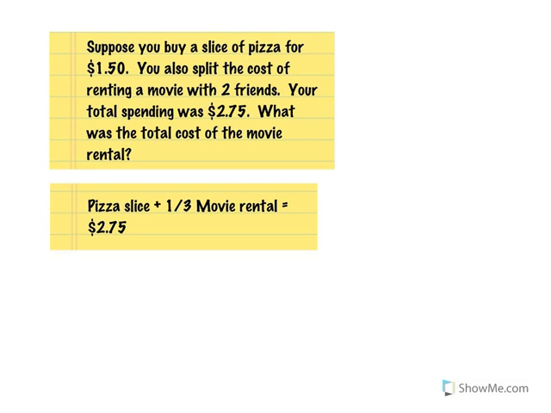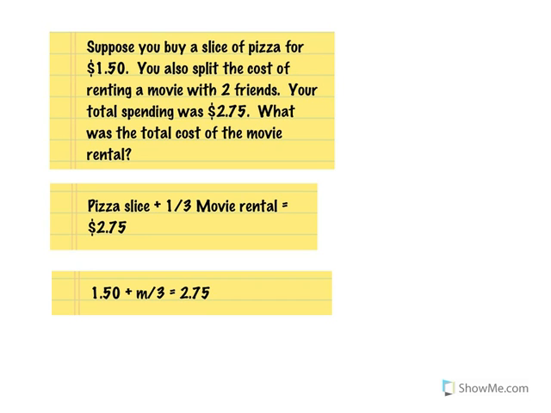If you split it between yourself and 2 others, there were 3 people contributing, and if you split it evenly, that would be 1/3 of the movie cost. And then you spent a total of $2.75. So we have $1.50 plus our movie rental divided by 3 people equals a total of $2.75.